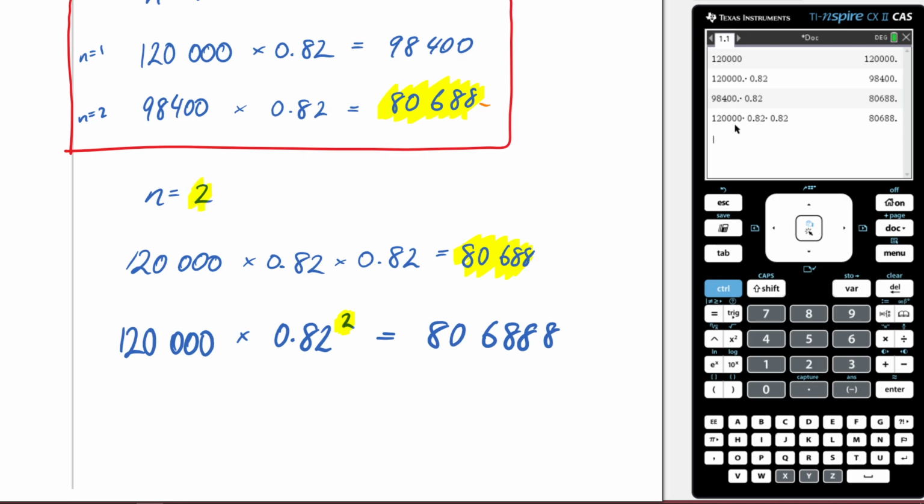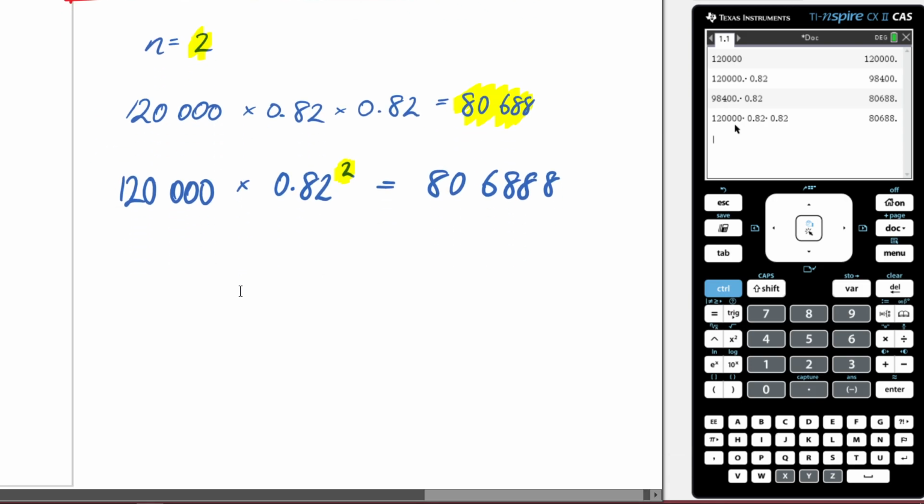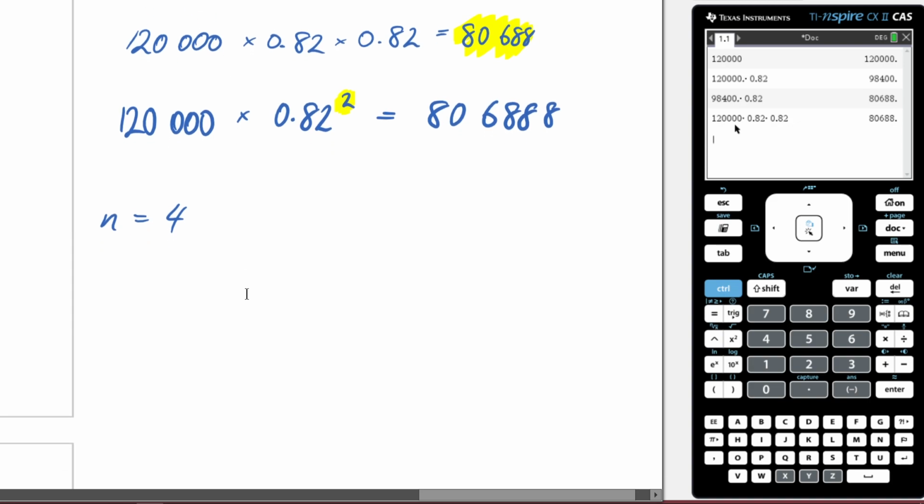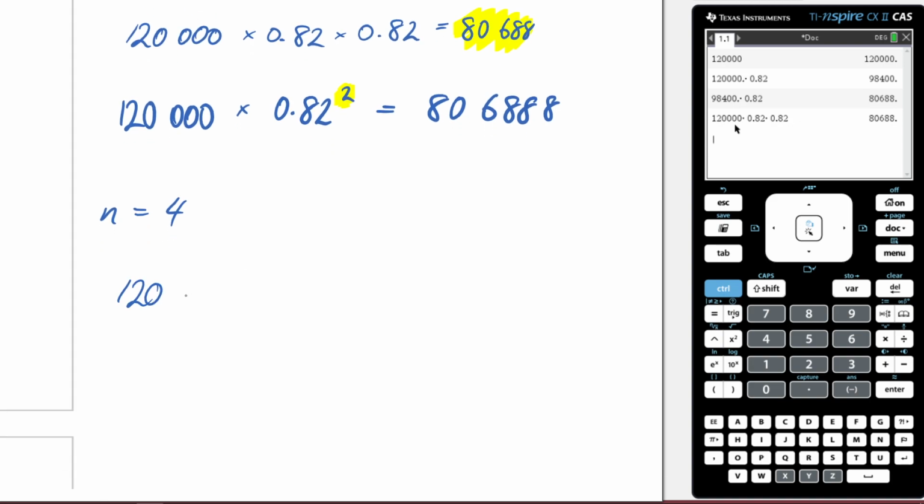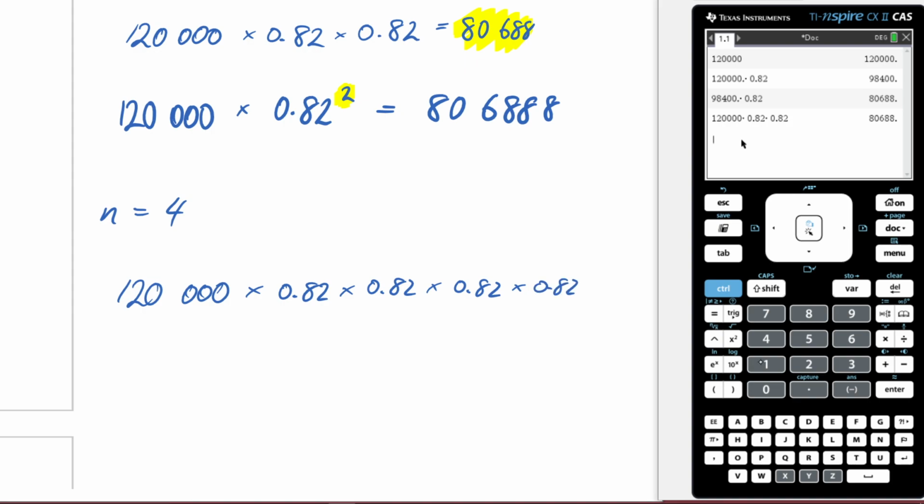Well, so too, let's just use another example here. Let's say we wanted to figure out the value when n is equal to 4. So after 4 iterations, that means I would take my original value, 120,000, and I would go 0.82 times 0.82 times 0.82 times 0.82. Because that's the same as starting at 120,000, hit enter, times it by 0.82 once, twice, 3 times, 4 times.